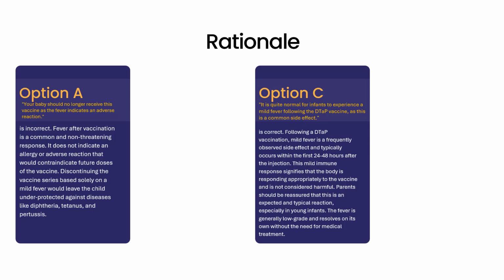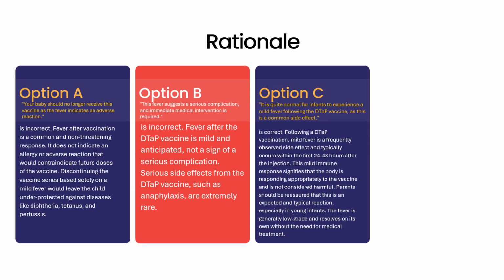B is incorrect. Fever after the diphtheria, tetanus, pertussis vaccine is mild and anticipated, not a sign of a serious complication. Serious side effects from the vaccine, such as a severe allergic reaction, anaphylaxis, are extremely rare.